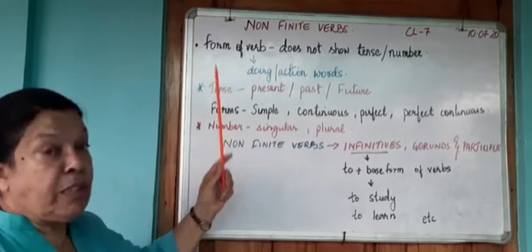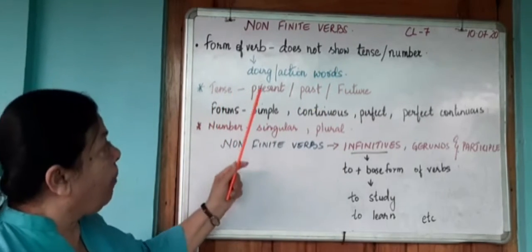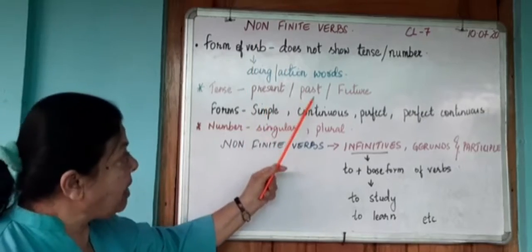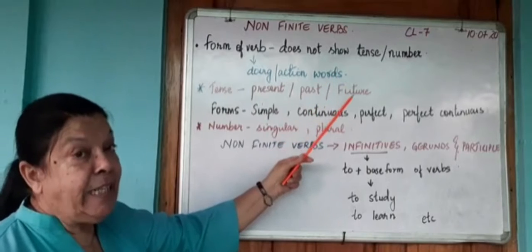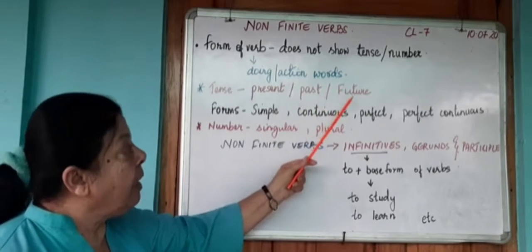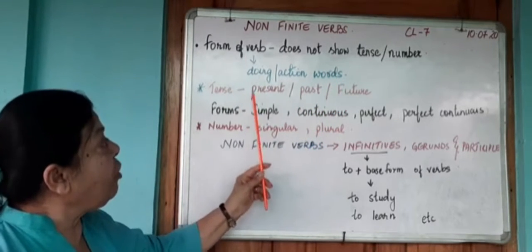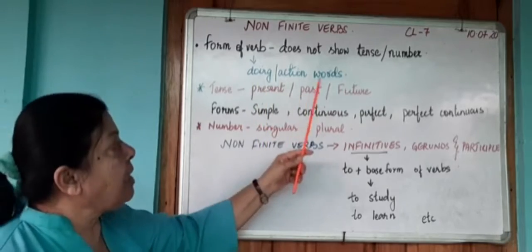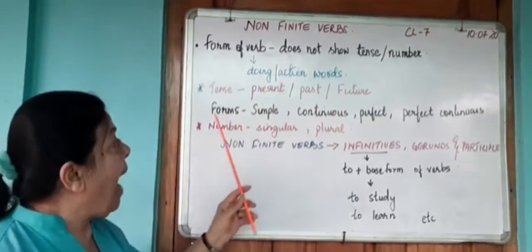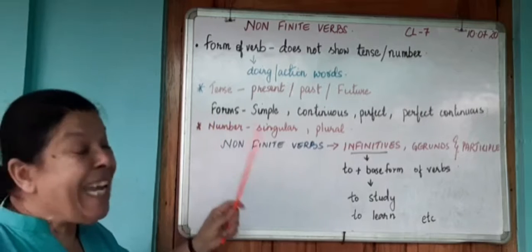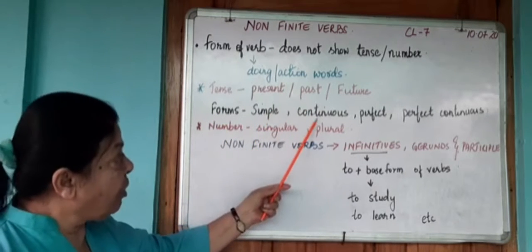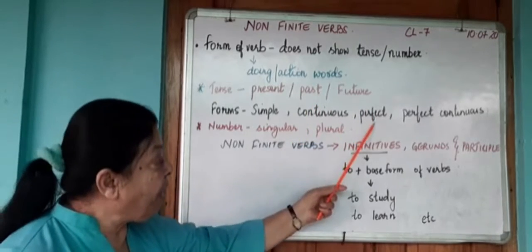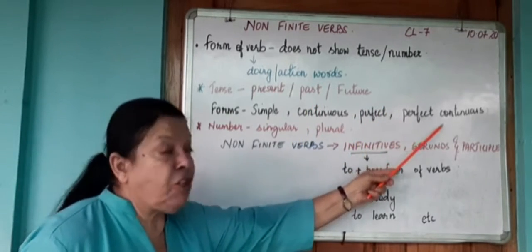When you talk about tense, we are talking about the present tense, the past tense and the future tense. You have already studied tenses in the earlier classes. Now each of these present, past and future tenses have 4 forms each. So you have the simple form, the continuous form, the perfect form, the perfect continuous form.